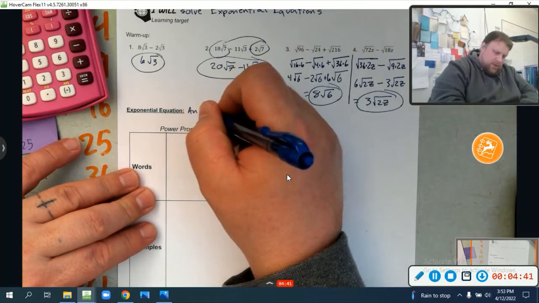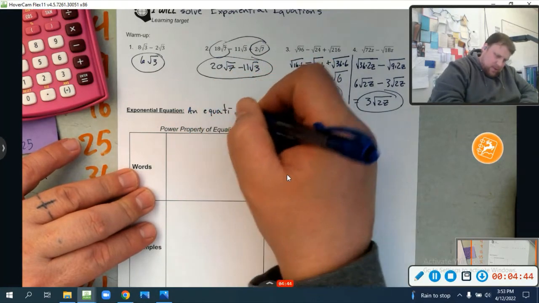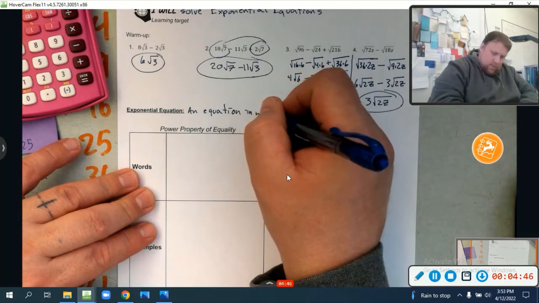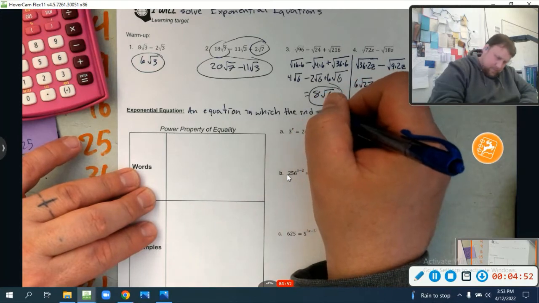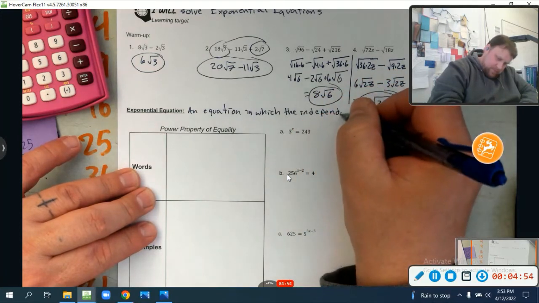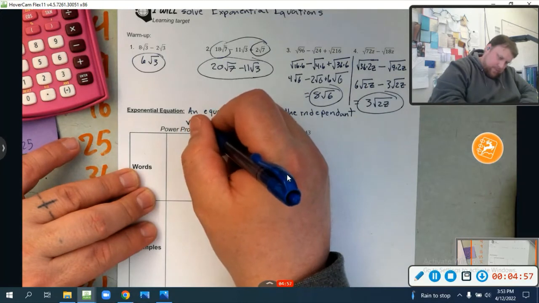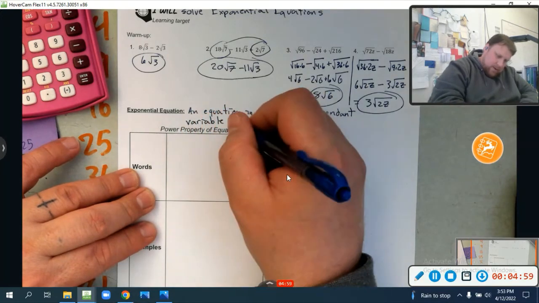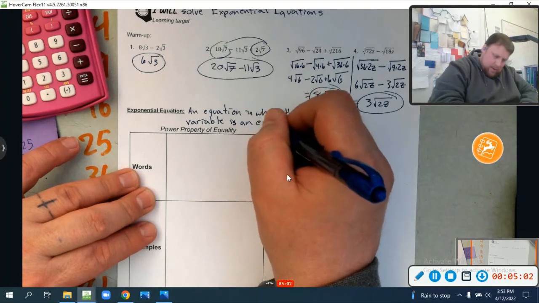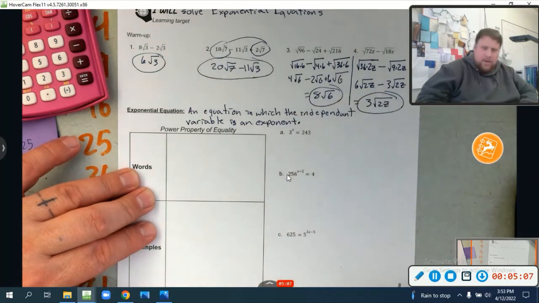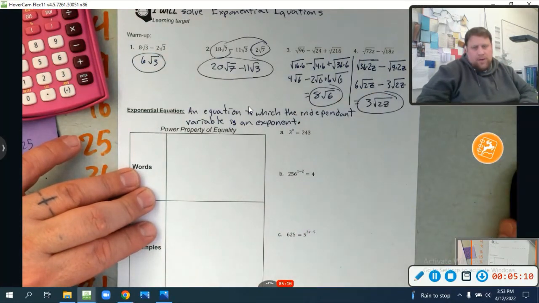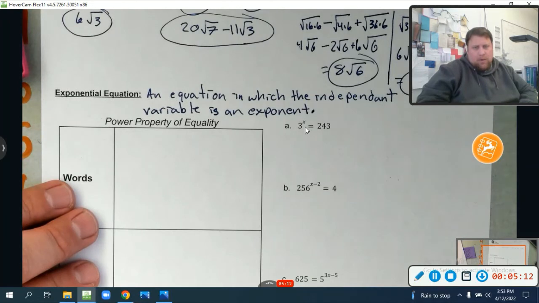So that's like what you're seeing right down here. We have 3 to the x equals 243. See how that independent variable right there, x, is an exponent. It's in the exponent spot.